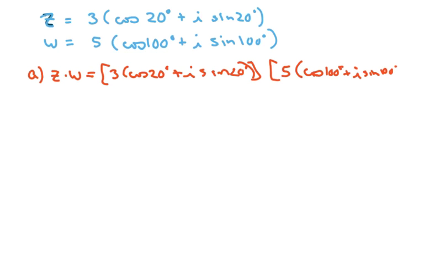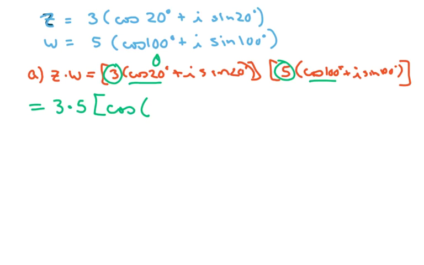All right. Now, what we're going to do first is multiply the 3 and the 5 according to our formula. I'll move this over, 3 times 5. And then I'm going to put my cosines together. So this would be cosine of angle 1 plus angle 2.